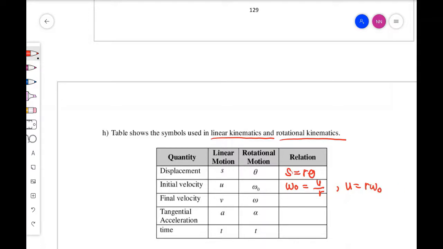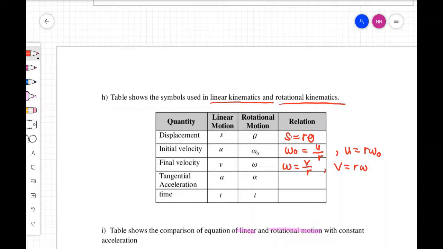Seterusnya adalah final velocity. Dalam rotational motion disebut angular final velocity dan simbol dia adalah omega. Relationship dia adalah omega equals v over r ataupun v equals r omega.